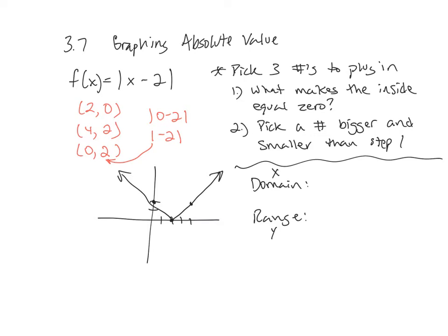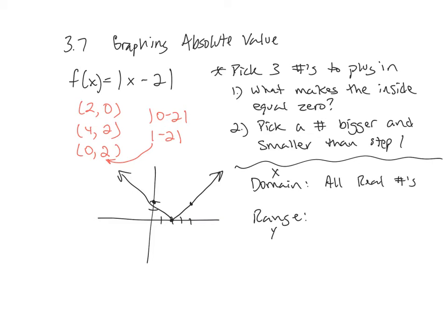The graph is going up and to the right, and up and to the left. But the arrows mean that it goes that way forever. When the arrow goes to the right forever, that means all those numbers are possible. And if it's going to go to the left forever, all those numbers are possible. So the domain for this one is all real numbers.